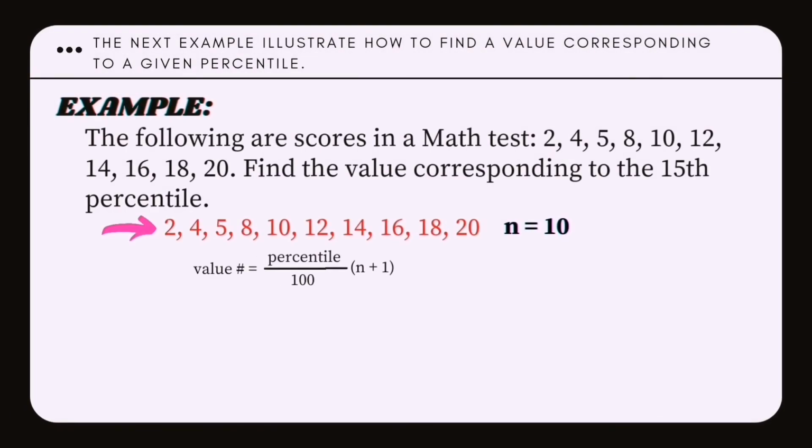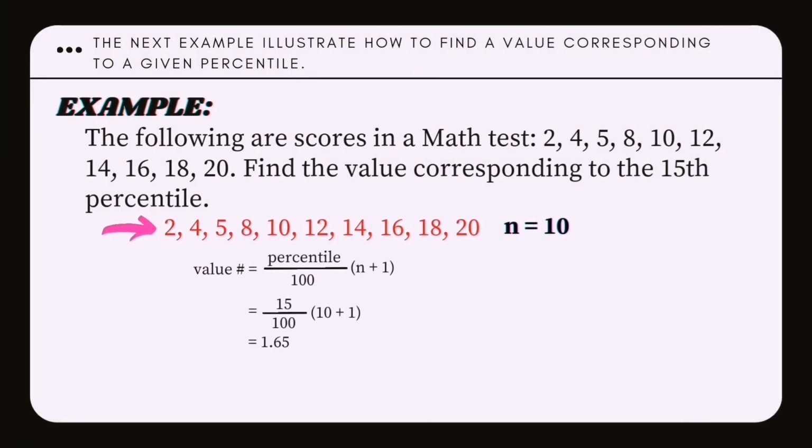In finding the value, our formula is value is equal to percentile over 100 times n plus 1. Now, we have to substitute. Dahil hinahanap natin ang 15th percentile, 15 ang nilalagay nating value ng percentile over 100 times 10 plus 1. Bakit naging 10? Dahil ang value ni n is equal to 10.